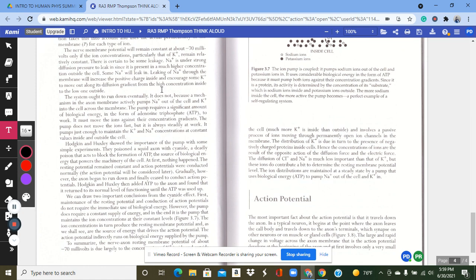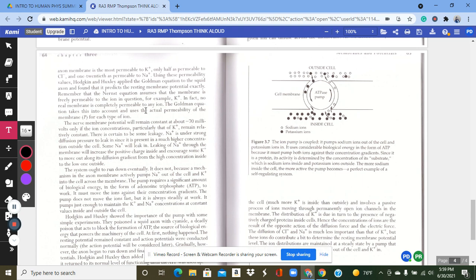Possibly, I'm not sure yet, but since it takes into account the actual permeability of the membrane for each type of ion, it might mean that the Goldman equation takes other ionic conductances into account, and it may be used to calculate the membrane potential using relative permeability and possibly the concentration of all three ions.